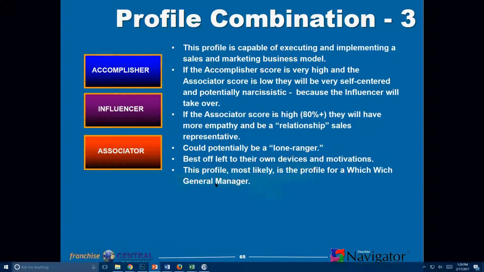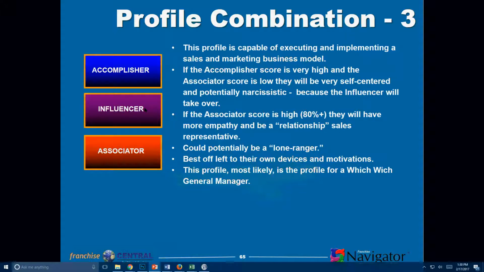And in the case of Which Wich, it's the profile not of the franchisee, but of the general manager. And what was really very interesting, I think I shared with you, when we did the profiling for both Which Wich and Potbelly, which are similar business models, the difference between their high-performing locations and their mid and poor locations was the influencer score of the general manager.